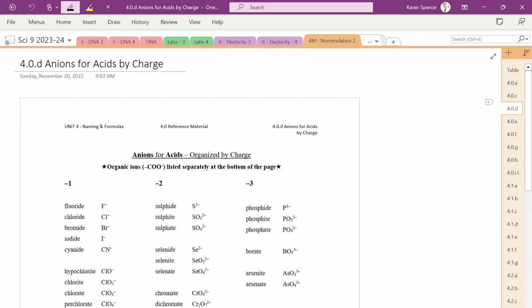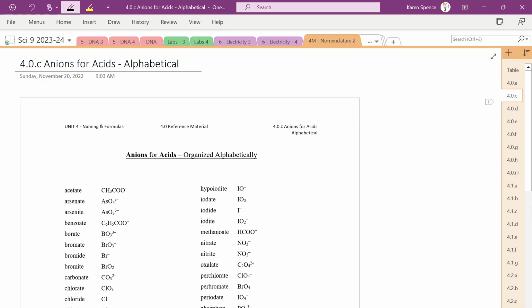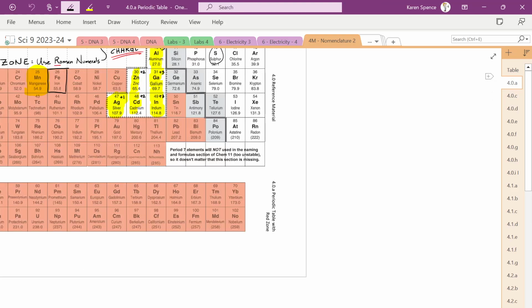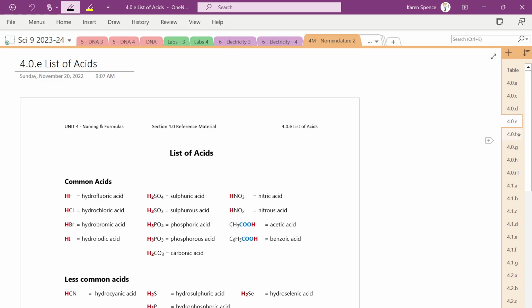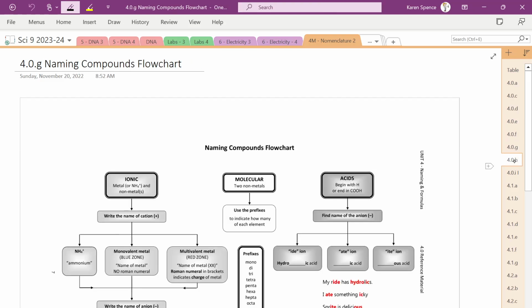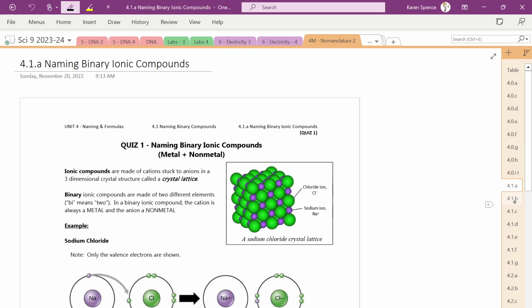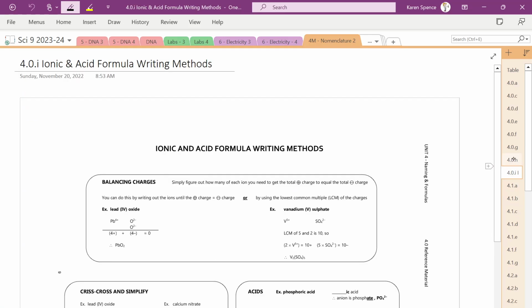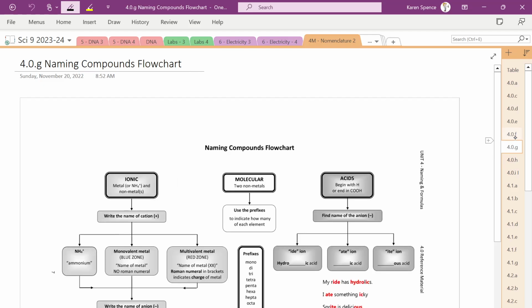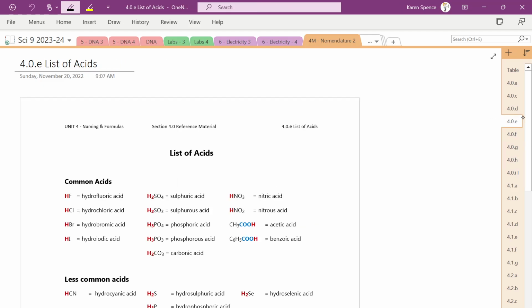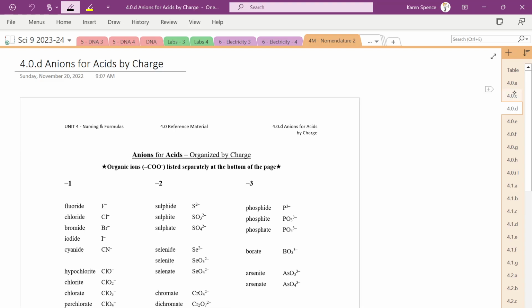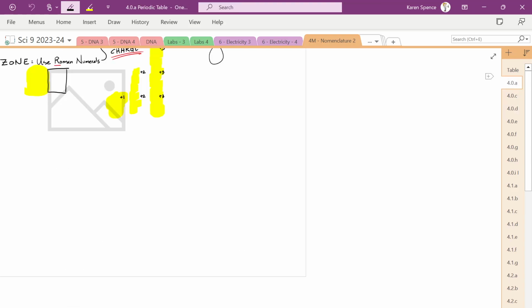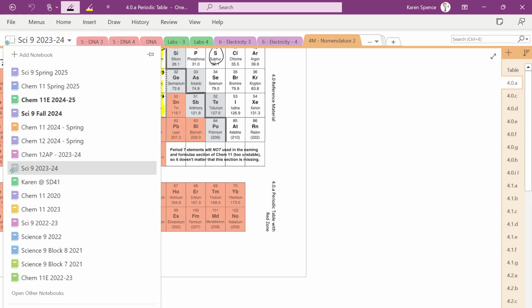Okay. Where is it? Why do I have it nowhere? This is driving me bananas. I went past it? No, it's okay. I have something very similar.